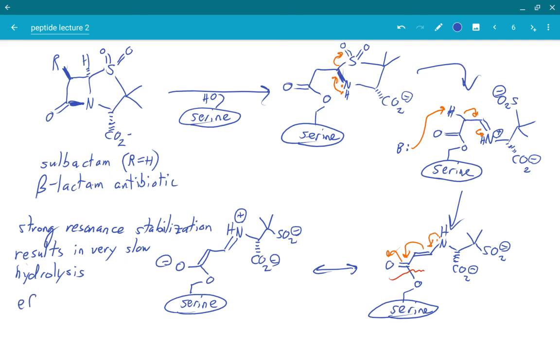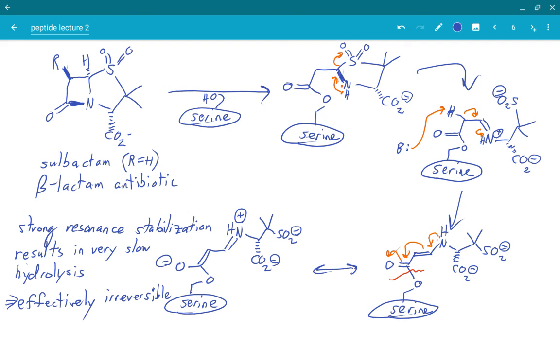And so the hydrolysis becomes slow enough that this is effectively an irreversible reaction. So even though you're making an ester, you're just making an extremely stable ester. And so this functions also as a suicide inhibitor, where it gets stuck on the enzyme and, at least on a time scale that we care about, doesn't get hydrolyzed off.